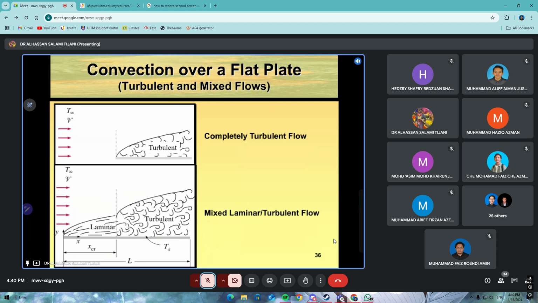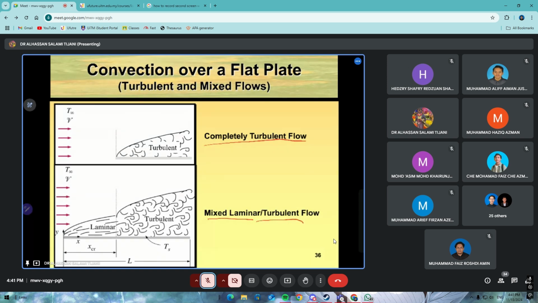All right. So I'm going to discuss turbulent and laminar flow. In the previous class, we discussed the Reynolds number. The Reynolds number is a parameter which is used to identify the flow situation in a particular flow field. So we can have a completely turbulent flow situation or a mix of laminar and turbulent.